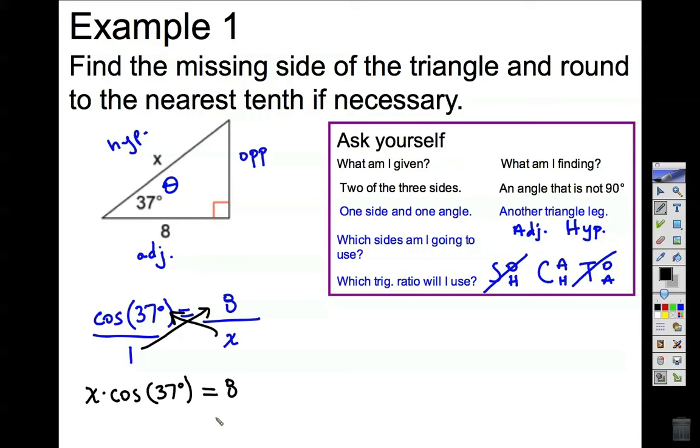A lot of teachers will say just put cosine of 37 degrees in the calculator so it's easier to understand what you're doing afterwards. I would agree in that sense.